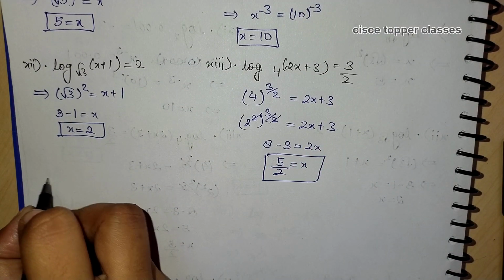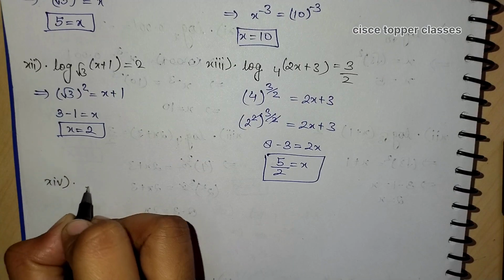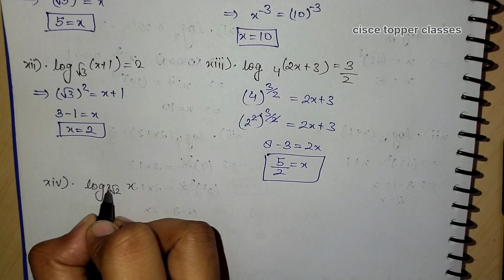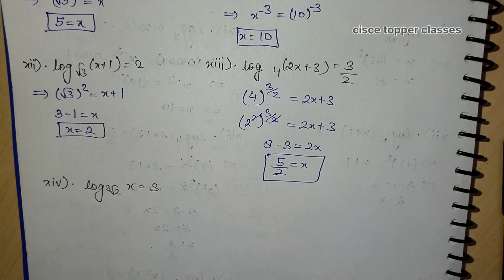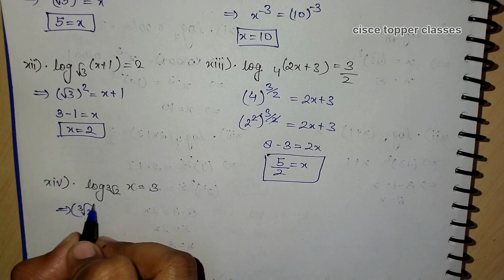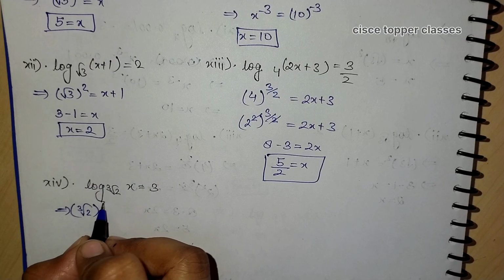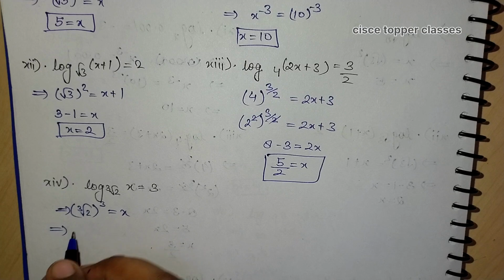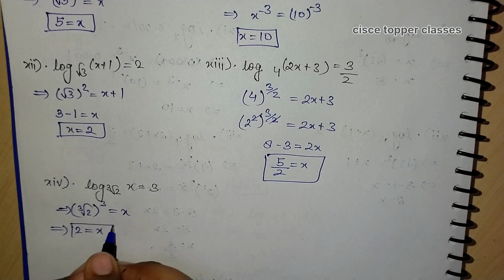Now 14th question is from here log of x with base cube root 2 equal to 3. From here it will be cube root 2 the whole power 3 equal to x, and on solving, 2 equal to x from here.